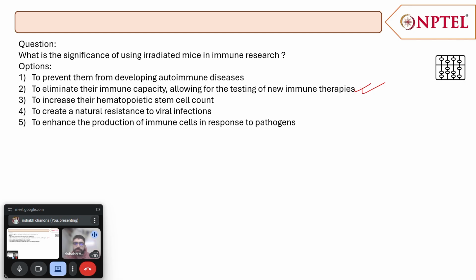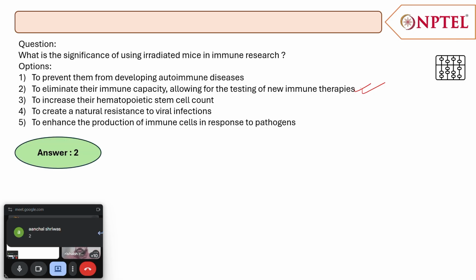So the correct answer is option number two, that is to eliminate their immune capacity, allowing for the testing of new immune therapies.